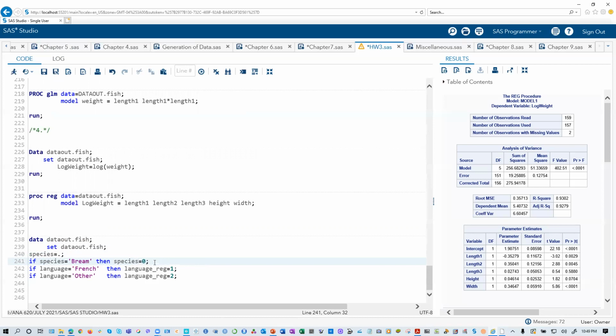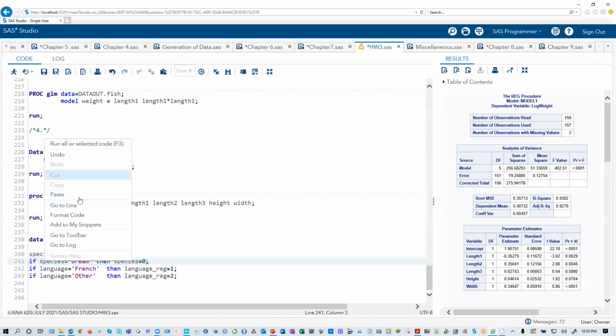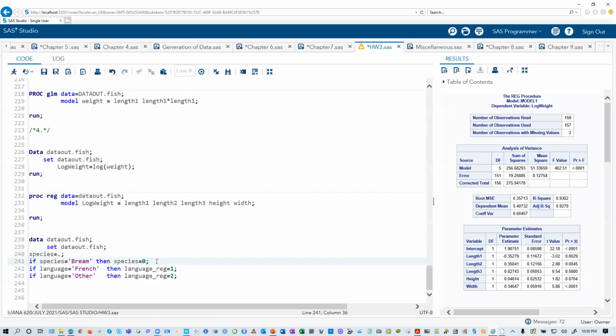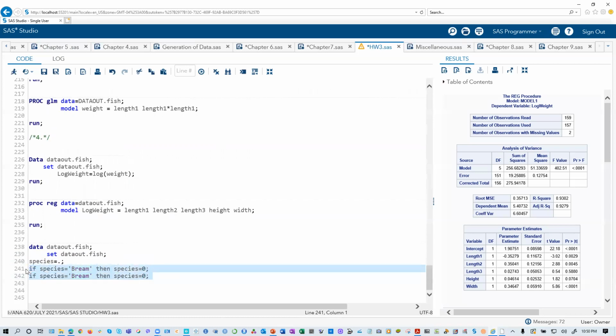So the same way, and what's the next one? Okay, take this out, and then we have the other kind.